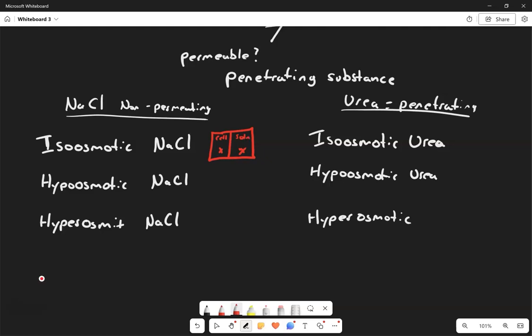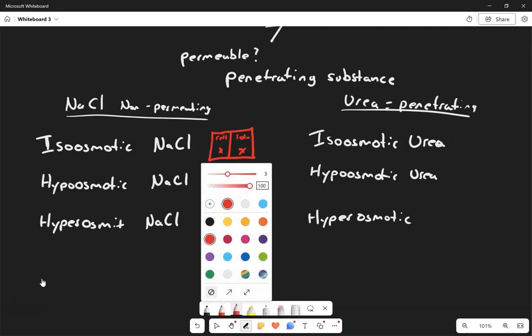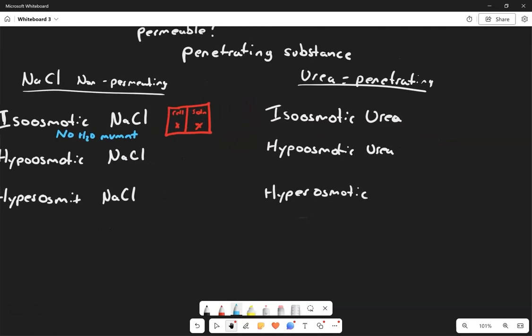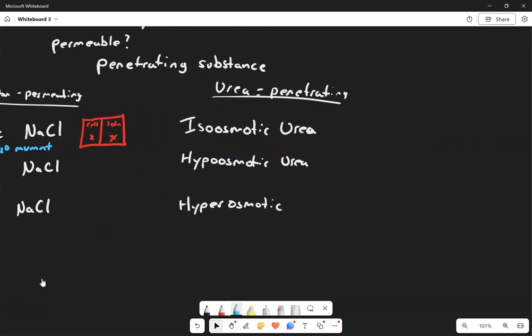Okay, so if the osmolarities are the same and nothing can move through it, right, will water move? Right? No, it won't. So this has no water movement. So what do you call that when there's no water movement? That's an isotonic solution.